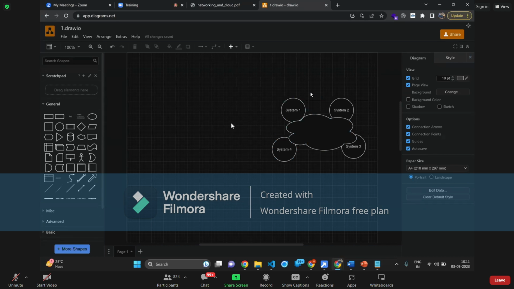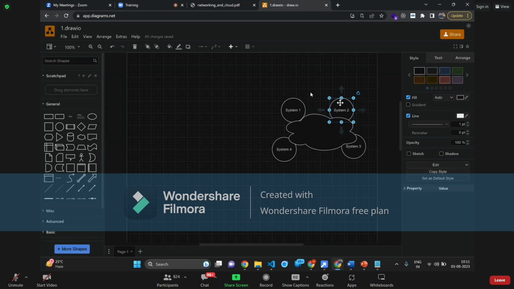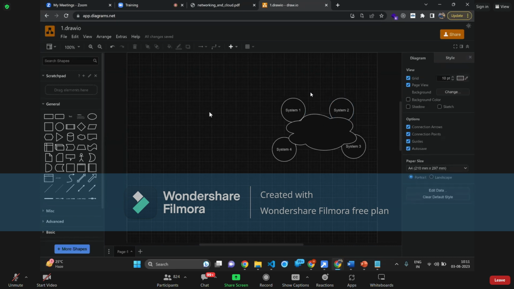Now, each system in a particular network can be described as something called a node. Also, a group of nodes in a particular network is called a domain too. We'll get to what domains are eventually.